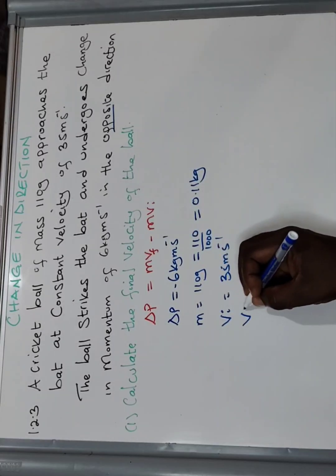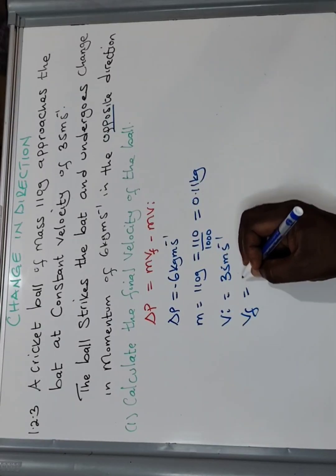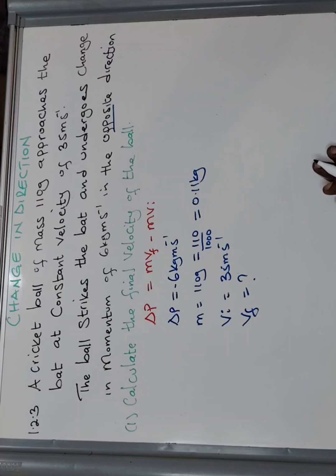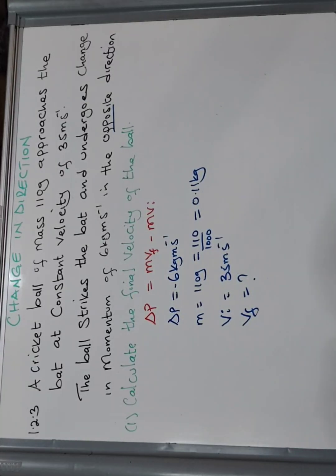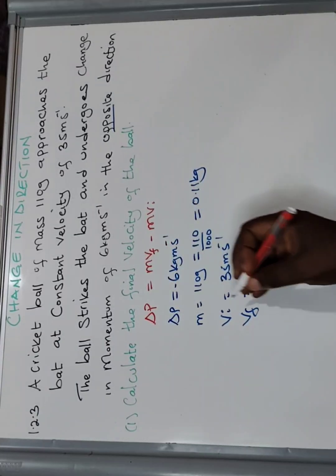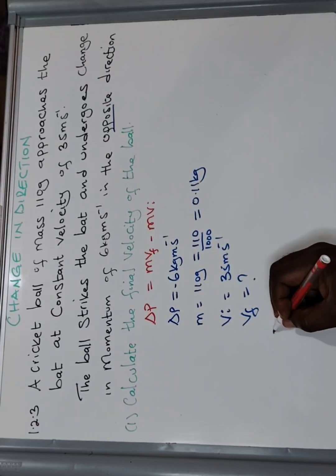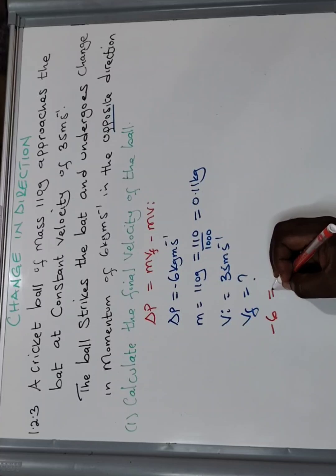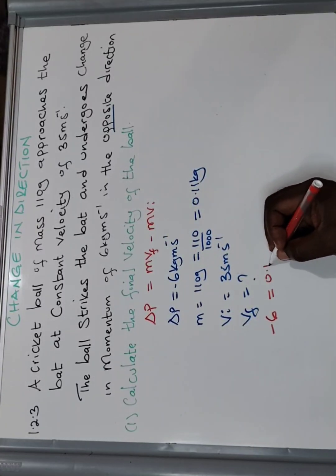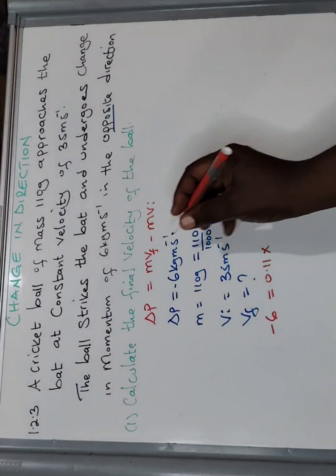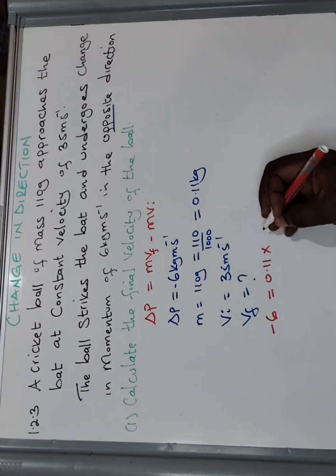So the question looks for the final velocity. So what do we do here? What we do is substitute. So what do we substitute for delta P, which is minus 6. The mass is known and is 0.11. The final velocity is wanted.